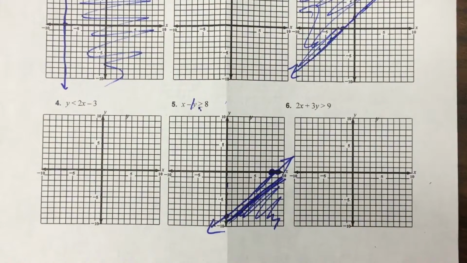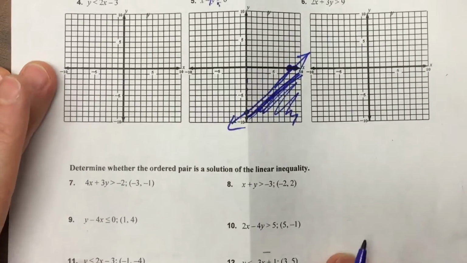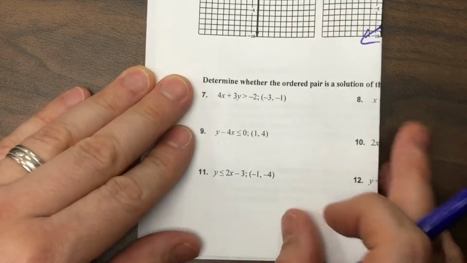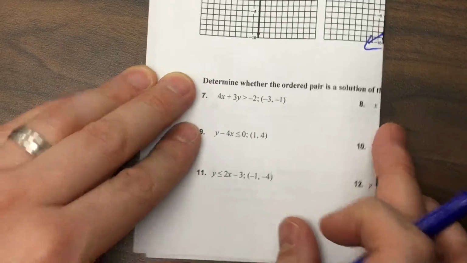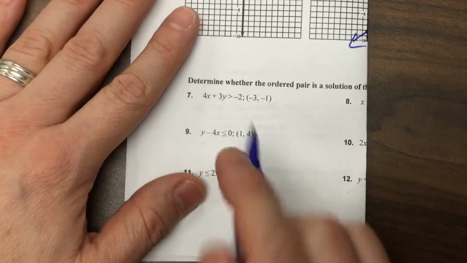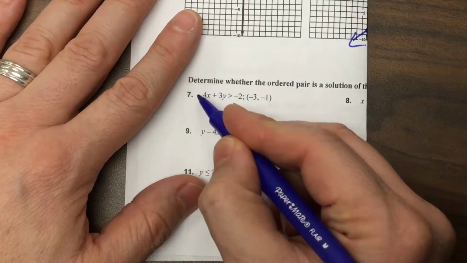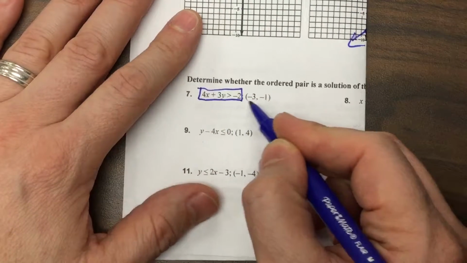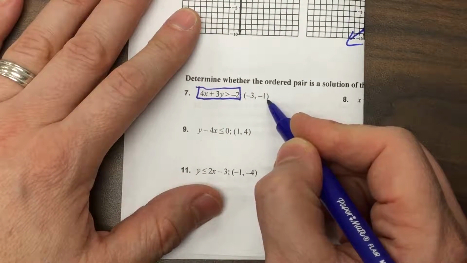Okay, let's go ahead and do some of these down here. We'll do 7, 9, and 11. These you can also do on the calculator. It says, determine whether the ordered pair is a solution of the linear inequality. So let me demonstrate what they're saying here. Here's the inequality. Then they have this semicolon, and they have an ordered pair over here to the side.